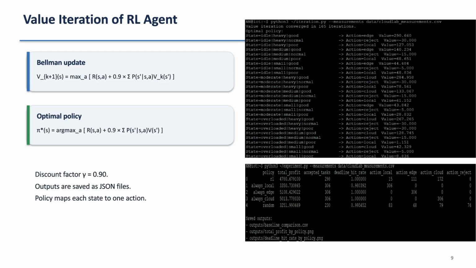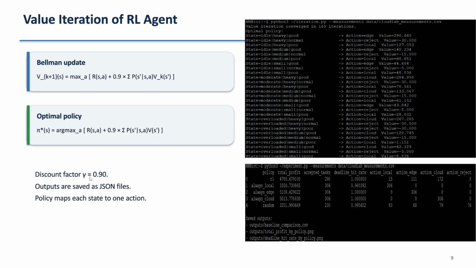Here's the value iteration of the RL agent. This function is for the Bellman update, and this function is for the optimal policy. The Bellman update computes how good each state is, and the optimal policy chooses the best action for each state based on these computed values.